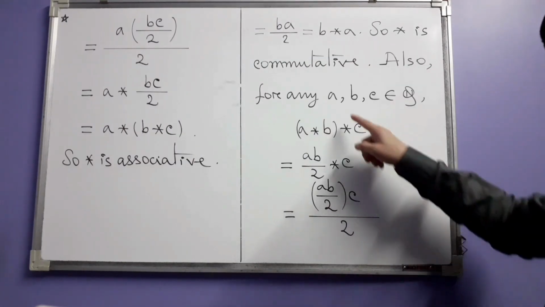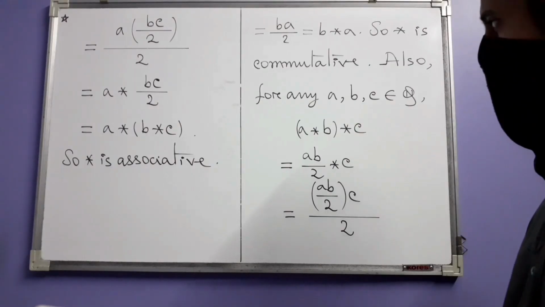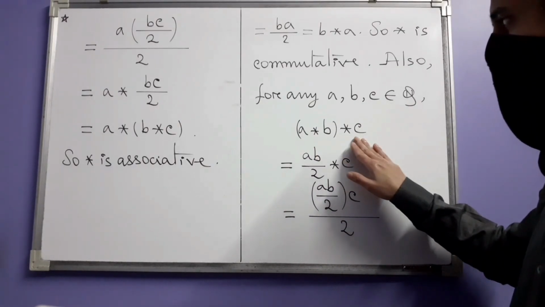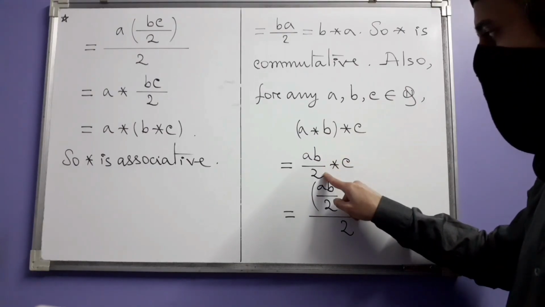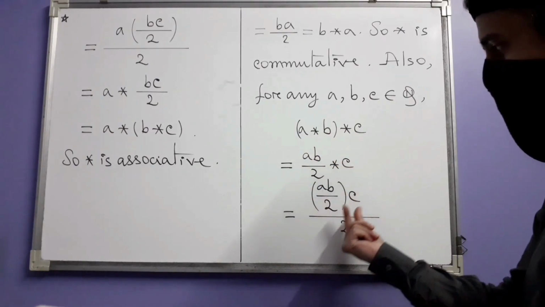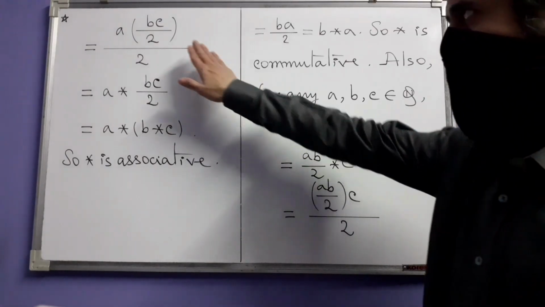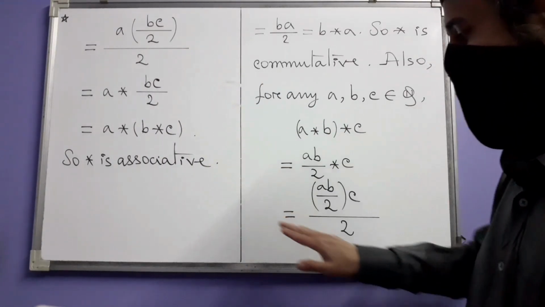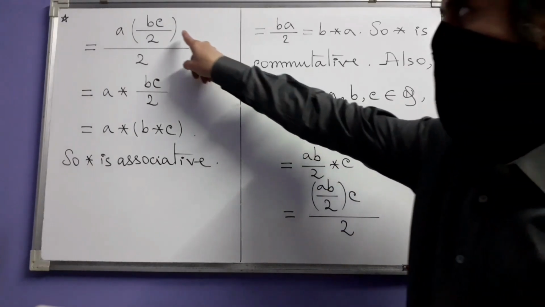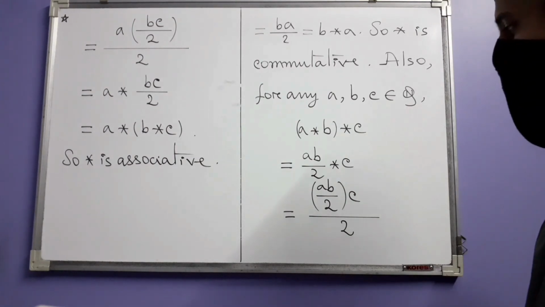And for any three rational numbers A, B and C, not necessarily distinct of course, say we consider this combination A star B star C. A star B is AB divided by 2, so that star C is AB divided by 2 times C divided by 2, which we can also write like this, where we do not do anything with this 2, but the numerator is written like this by rearranging things, which we can do of course.